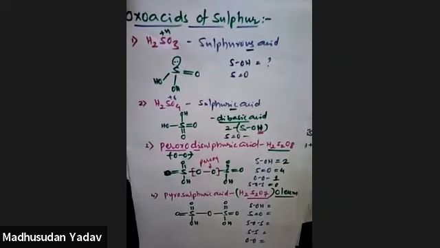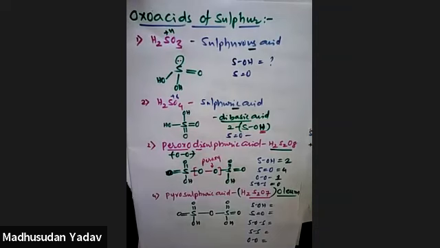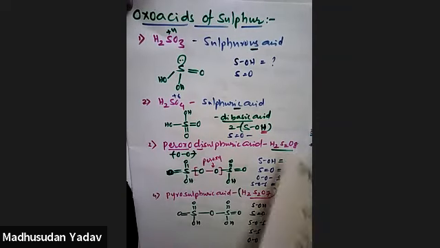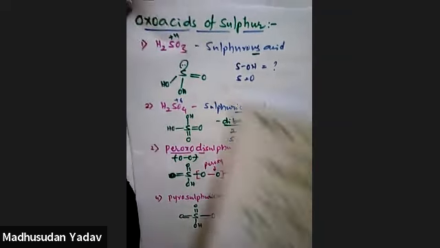Vanadium pentoxide is used, and the second step is more important. Next, oxo acids of sulfur. We have discussed 4 oxo acids of sulfur, and their structures and types of bonds also we have mentioned. The remaining few you have to do.